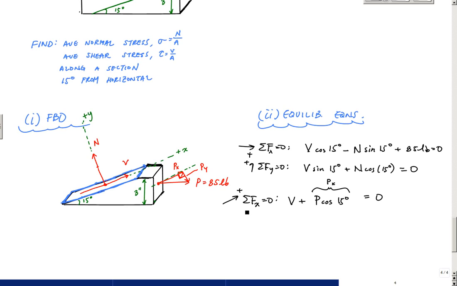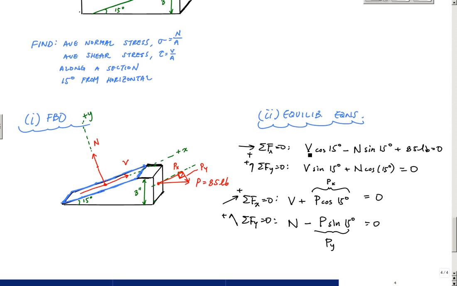And then if I do the sum of the forces in the y equal to 0, and this would be the positive y there, I'd have N minus P sine of 15 degrees equals 0. And this, as you probably gathered, is PY right there.